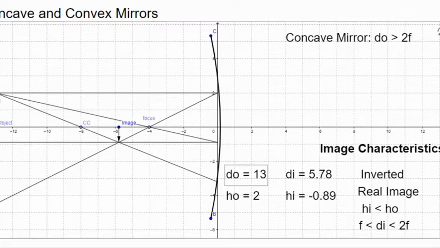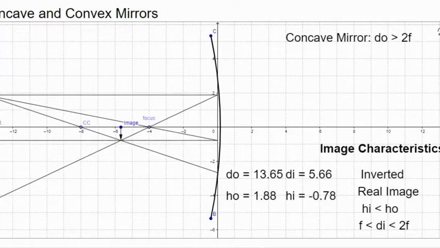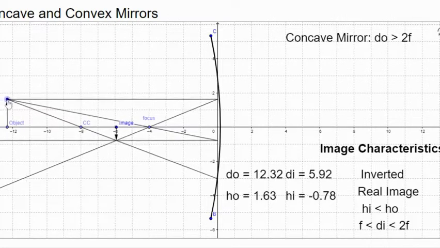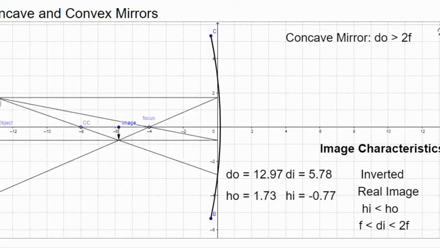If the object moves farther away, I'll move it now, watch where the image goes. See, you get a little closer to the mirror. And if the object moves closer to the mirror, watch the image move farther away from the mirror. So the object distance and the image distance are connected to each other.